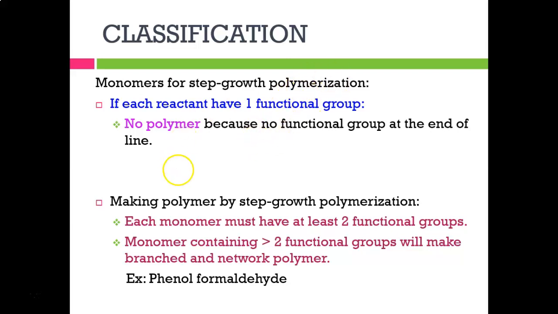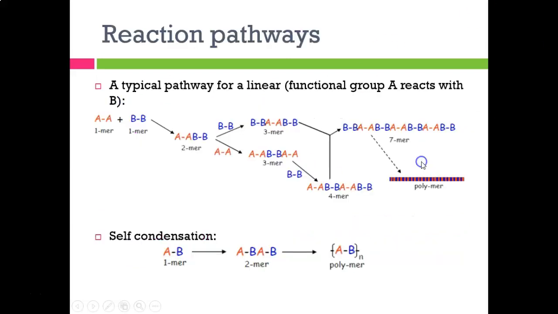Making polymer by step growth polymerization. How to make polymer by step growth polymerization? Each monomer must have at least two functional groups, and the monomer containing more than two functional groups will make branch and network polymer. So this one is the typical pathway for a linear functional group.